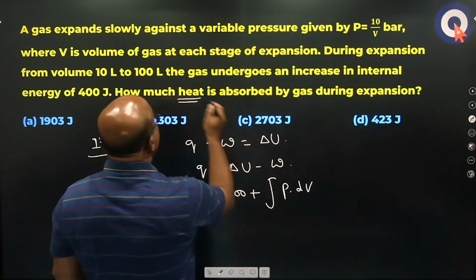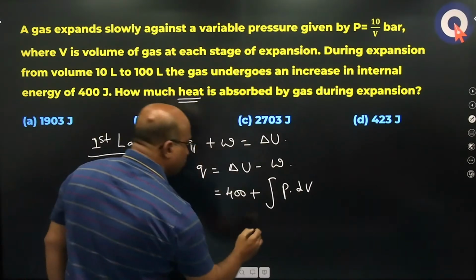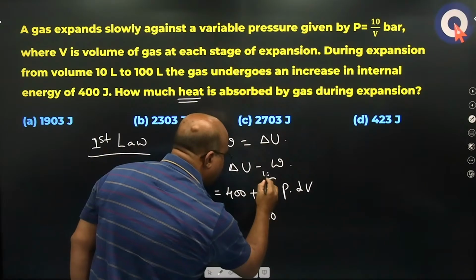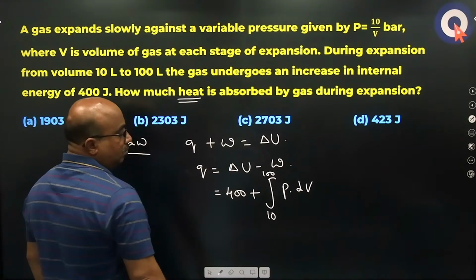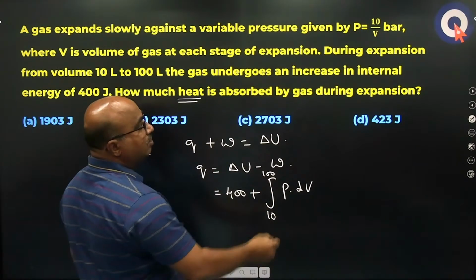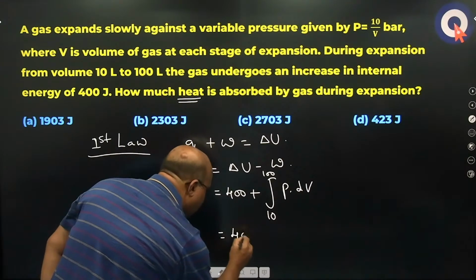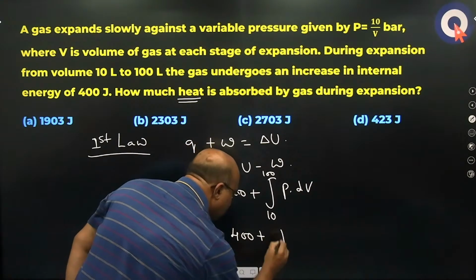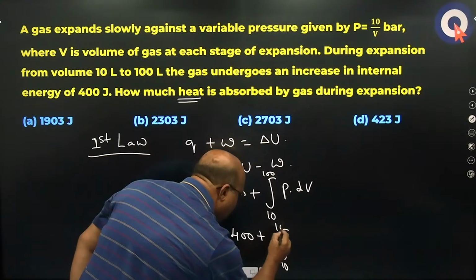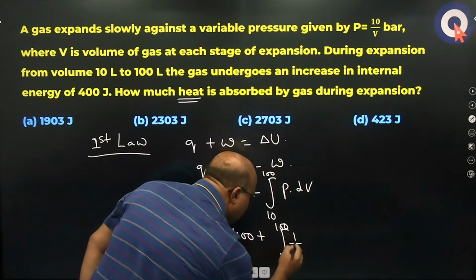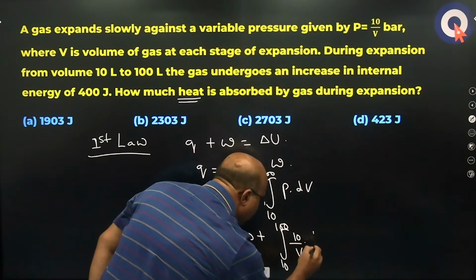The limits are 10 and 100. But what is this P value? It is given as 10 by V. That means it is nothing but 400 plus, with the limits of 10 to 100, 10 by V into dV.